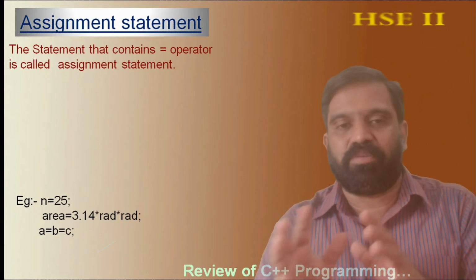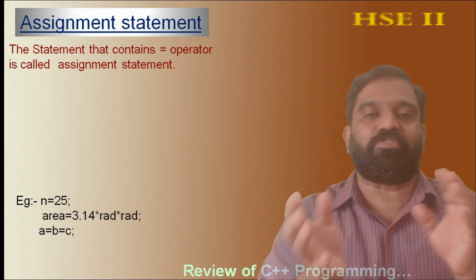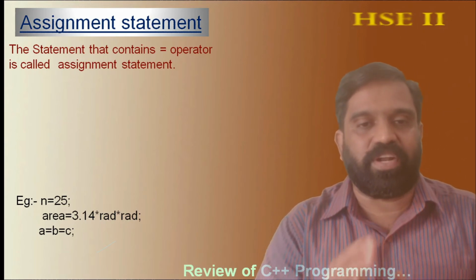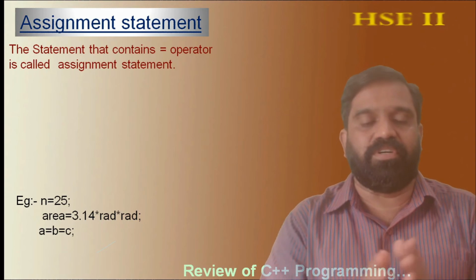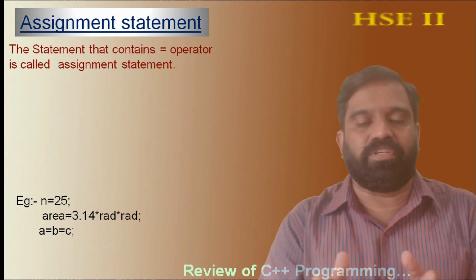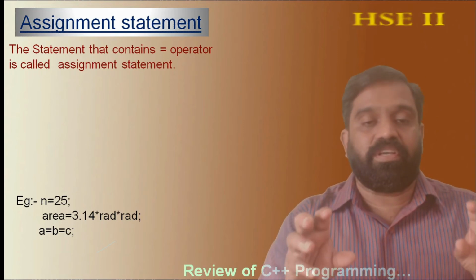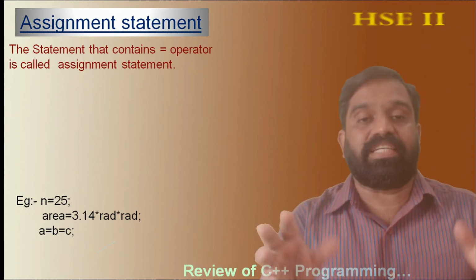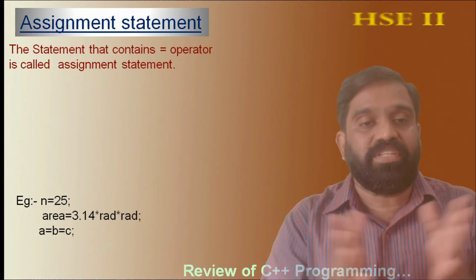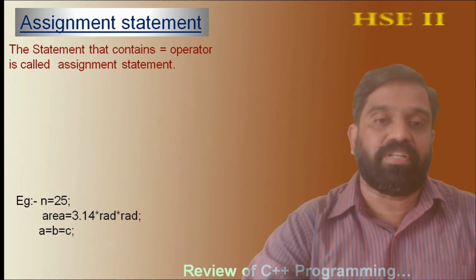So we can do some process and the output will be stored in a variable. So it is also an assignment statement. Now another flavor, A is equal to B is equal to C. The value of C will be stored in B and the value of B will be stored in A, so that A, B and C have the same values. So these are a few examples of assignment statements.